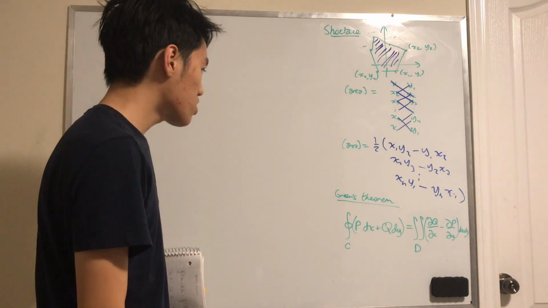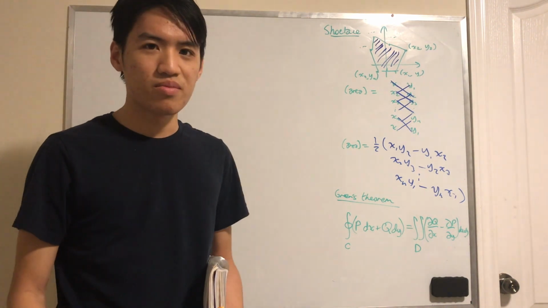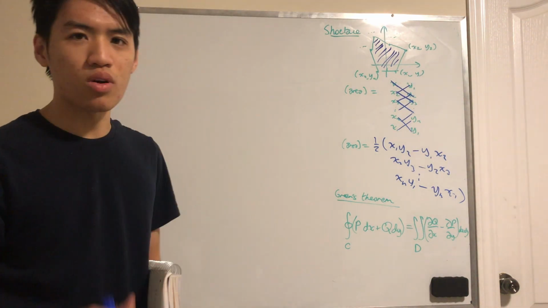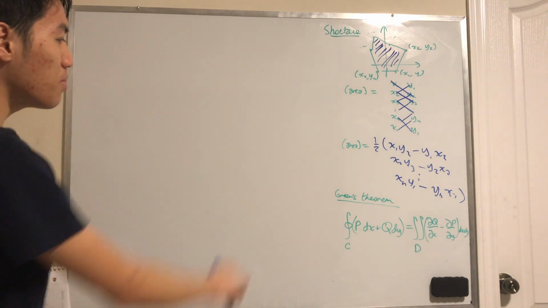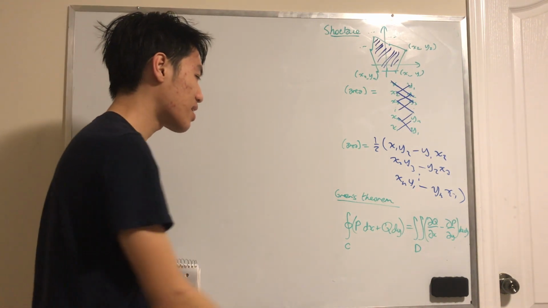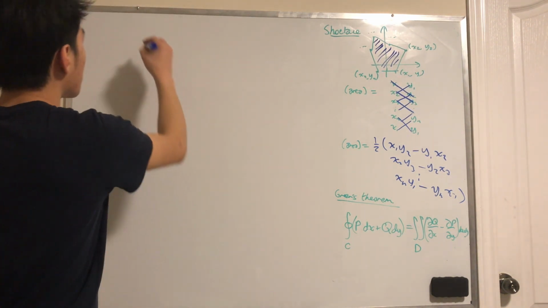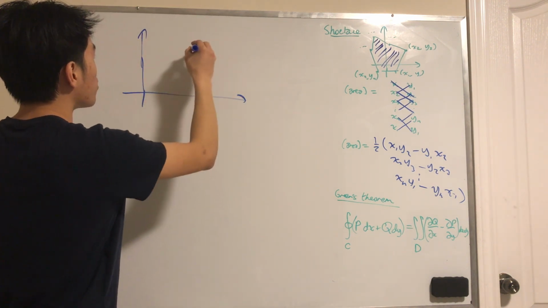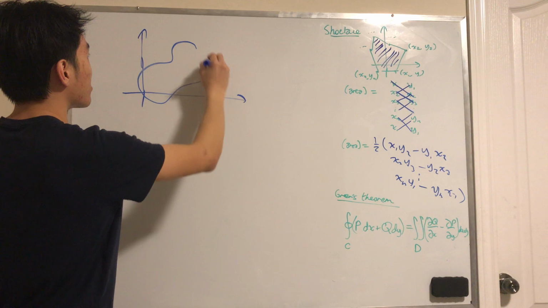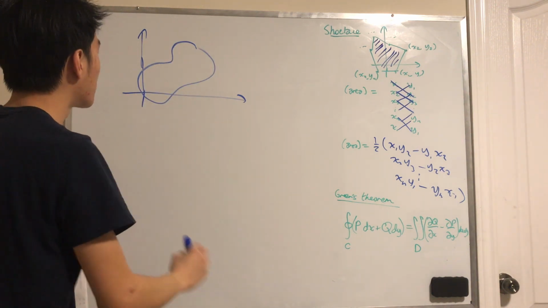Okay, so now we're going to talk about Green's theorem, just as a review, or maybe you've never seen it before. So here's the idea. That's the statement of Green's theorem. It will help if I draw a picture here. Imagine you have some region in R2.